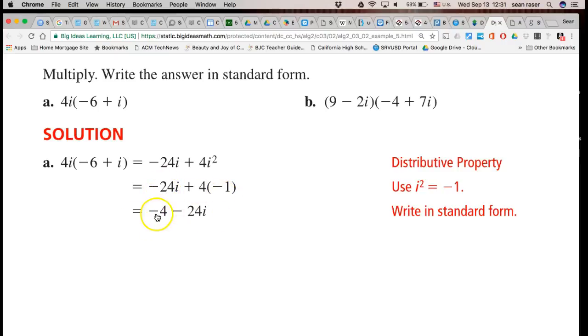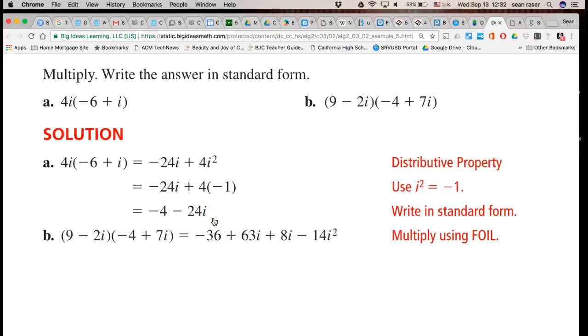We write it in standard form, which always has the real part first and the imaginary part second. So -4 minus 24i would be our solution. So we take the -4 we get from multiplying 4 times i squared, that becomes our first term, and minus 24i. So that's how we multiply a single term times a complex number.